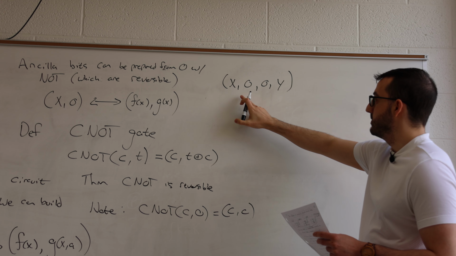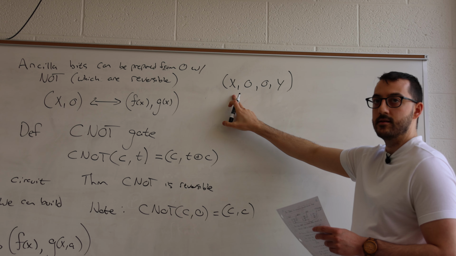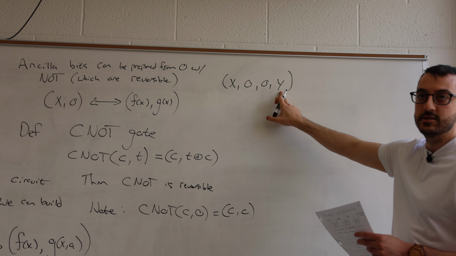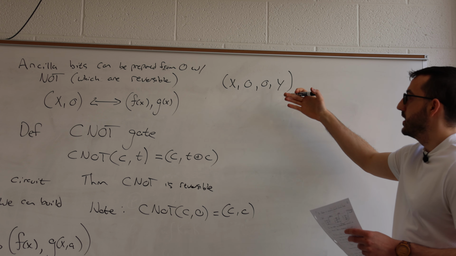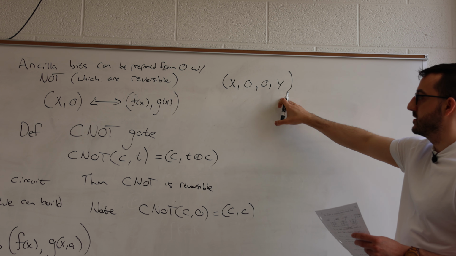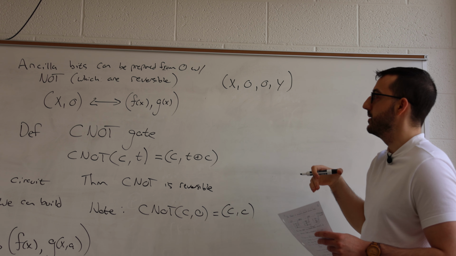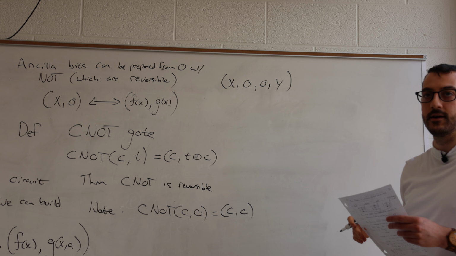We're going to just think about writing the answer, the evaluation of the function f, into this last register, and that will be our output. It could be 0 if you wanted to. I'll just stick with what the textbook does and keep it as a y here. So we'll have y plus f of x mod 2 as the final output.